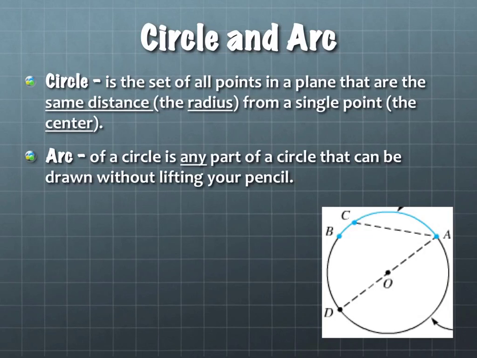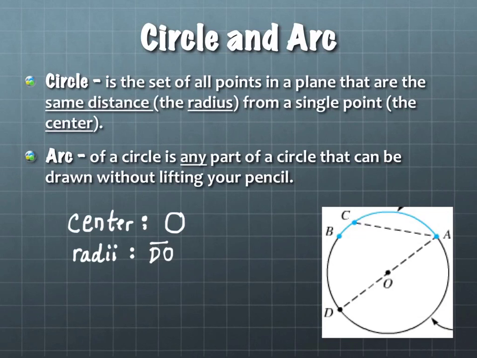So let's identify that from this picture, the center. What is the center of this circle? It's O. There are infinitely many radii, that's the plural for radius. Can you give me a couple of examples of some radii of this circle? DO would work, yeah.